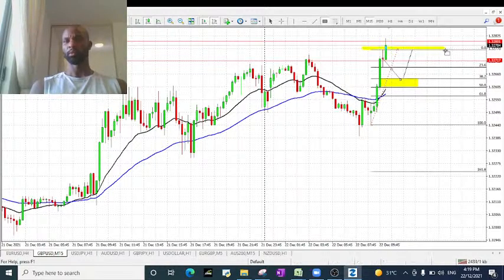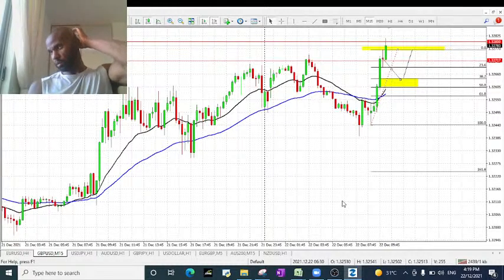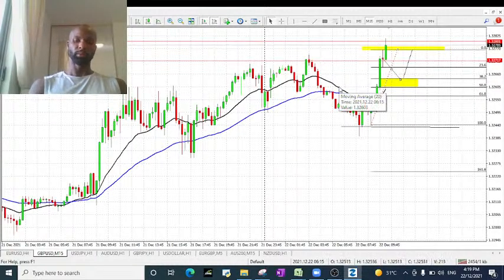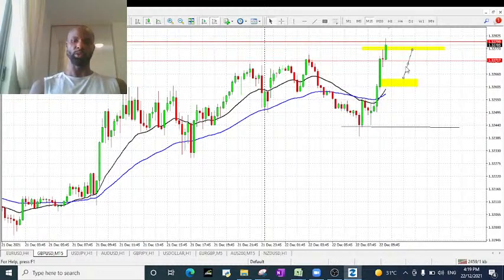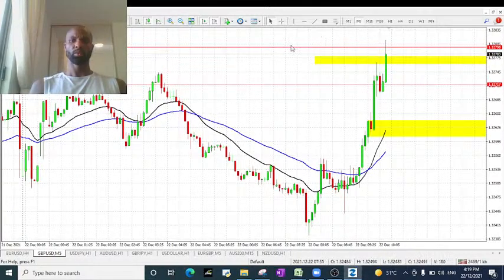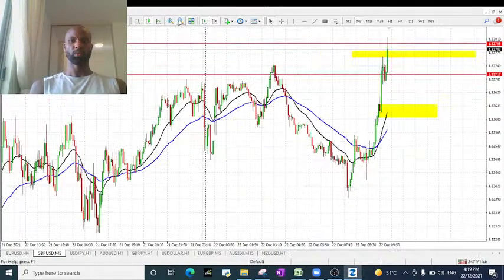I mean, enter here, take profit here, and our stop loss would have been somewhere here. But no problems. We just have to wait.